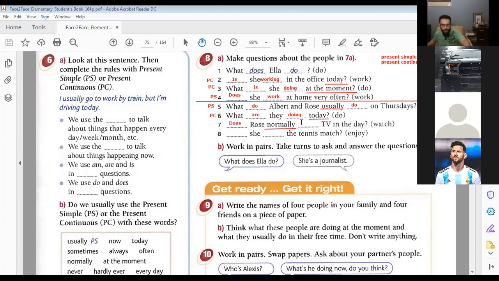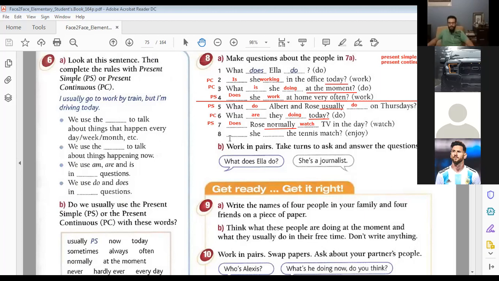Does Rose normally? Correct, correct. And what's the answer? No, she doesn't. Very good, very good.